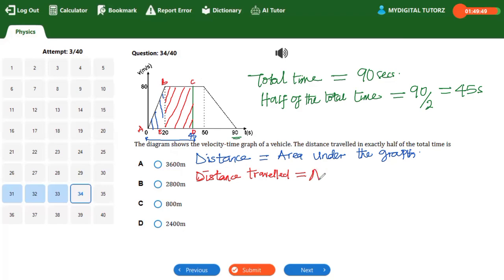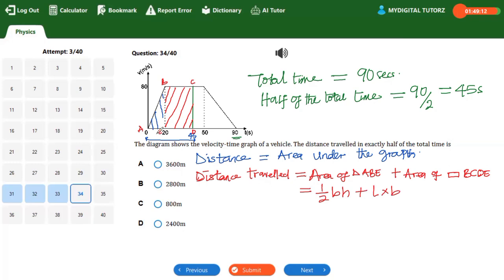So the area of a triangle is half base times height, plus the area of a rectangle, which is length times breadth. Is that clear?